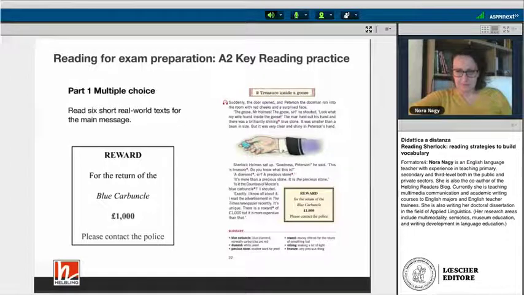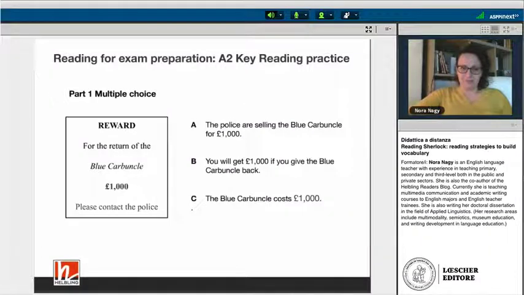Now, if you look at this page from chapter 2, you will see that there is a small box saying reward for the return of the blue carbuncle, £1,000, please contact the police. So this is exactly the type of exercise that you will see in an exam.